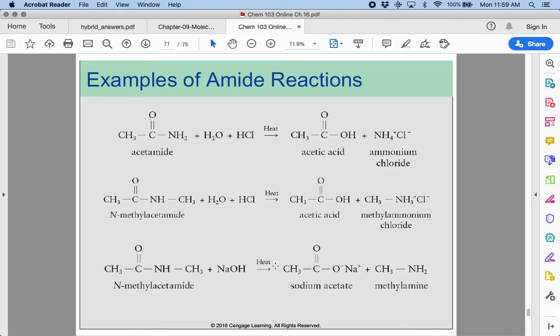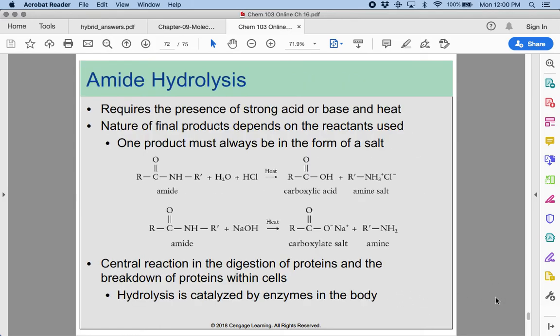Because the amine is basic, that's how we get the amine out and not the amine salts. We need strong acid or base to do this, so again, this would be one of those things that I think makes a really good flashcard to go through and learn the rules of what is produced when we're under acidic conditions versus what is produced when we're under basic conditions.